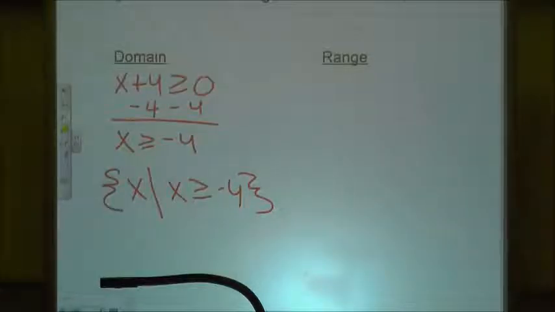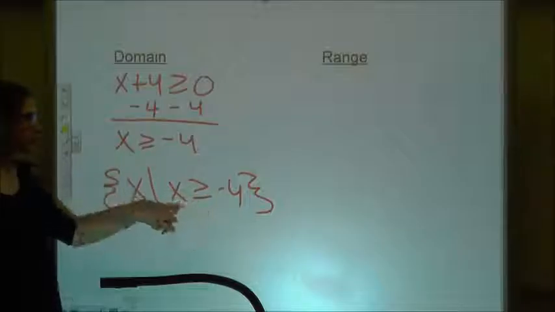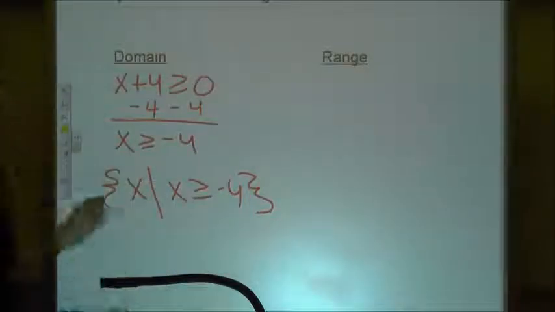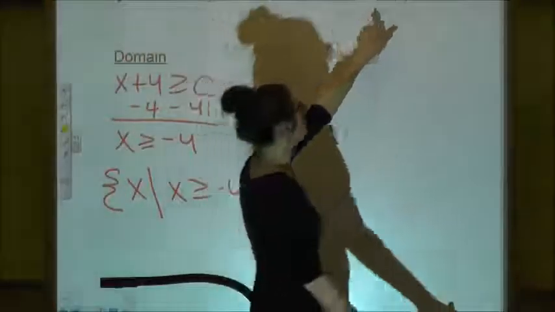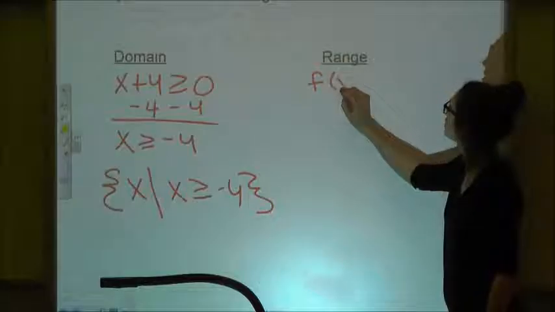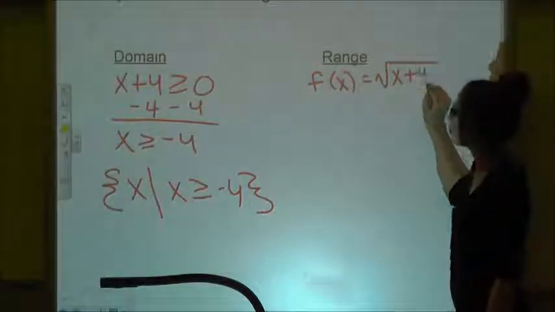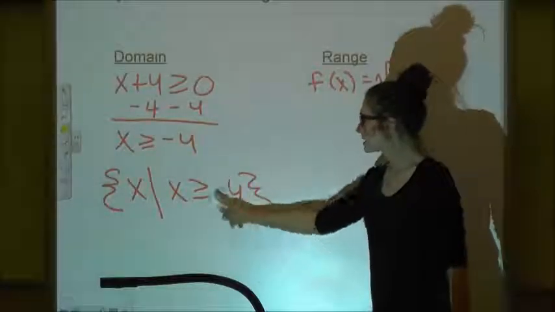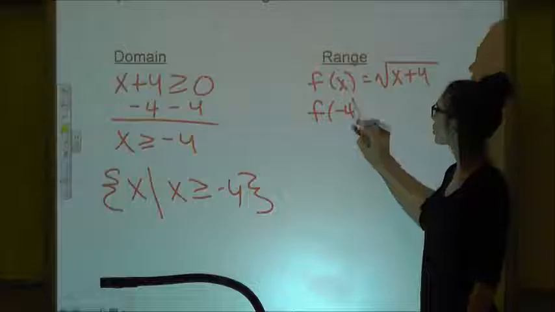So then what do we do to find our range? You are going to take this value that tells you your x is greater than or equal to negative 4, and plug it back into your original equation. Our original function is f of x equals the square root of x plus 4. Well, we got our x is negative 4, so you're going to do f of negative 4.